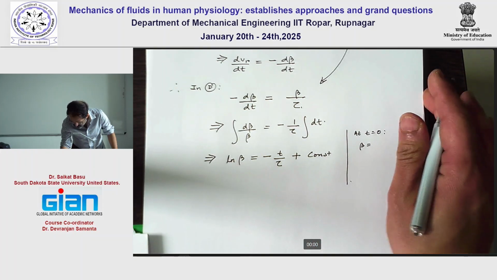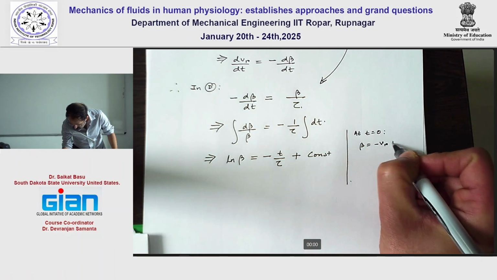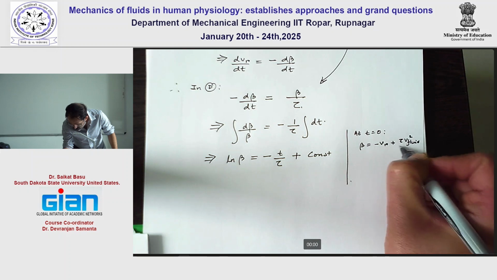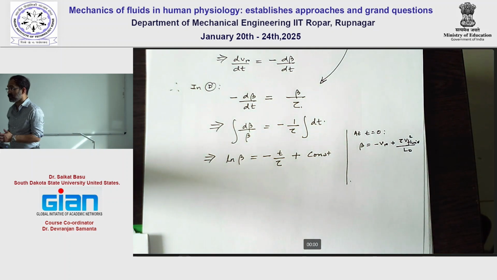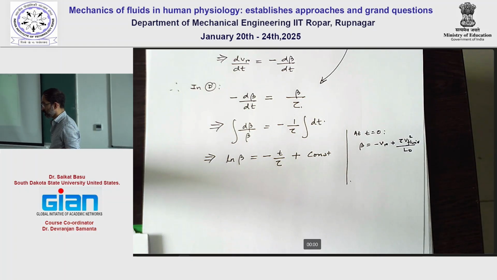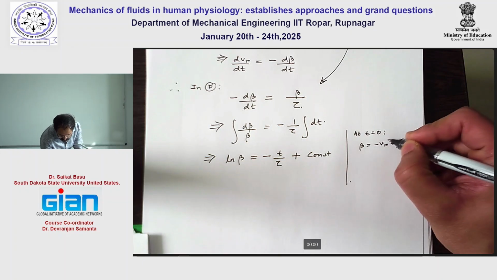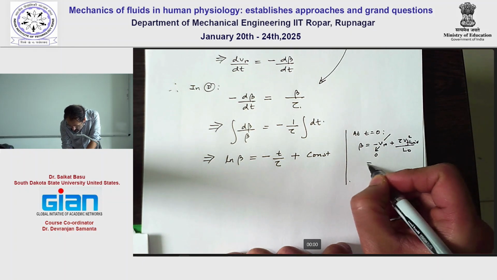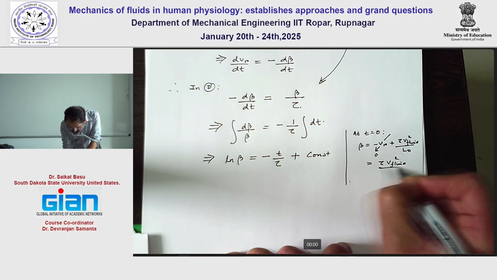So at t equal to 0, it is minus Vr plus tau V fluid square over L naught. At t equal to 0, we said that the particle does not have any radial component to its velocity, so this is 0. We are just left with tau V fluid square by L naught.